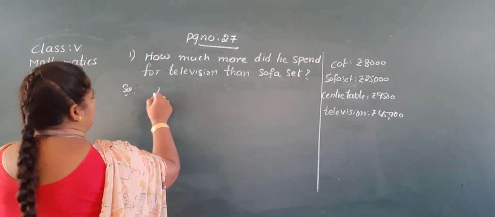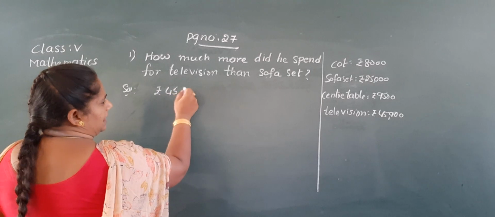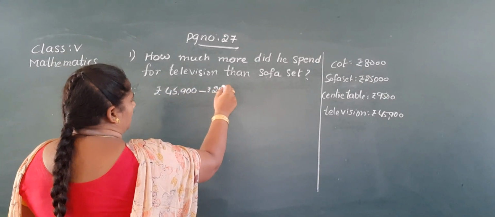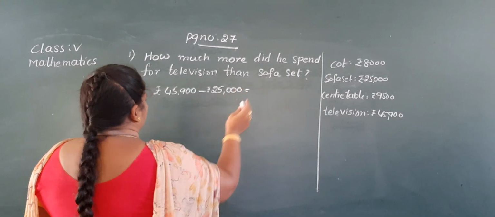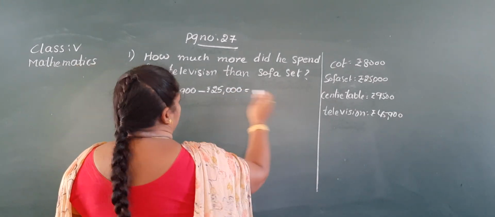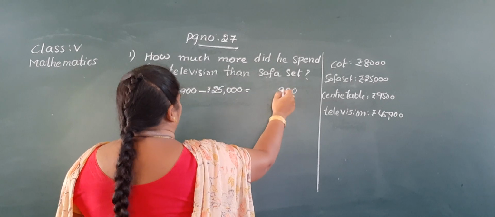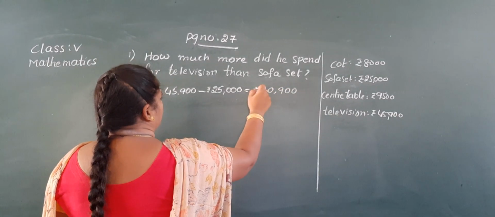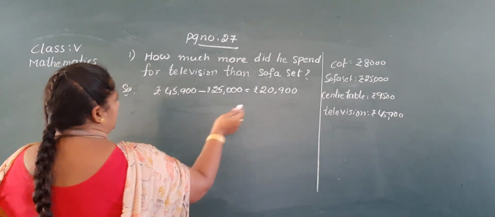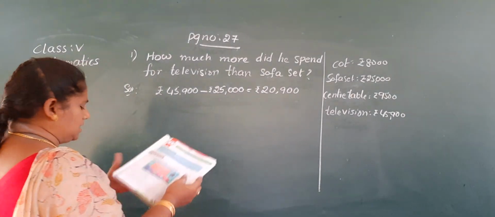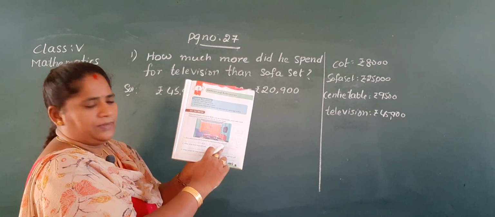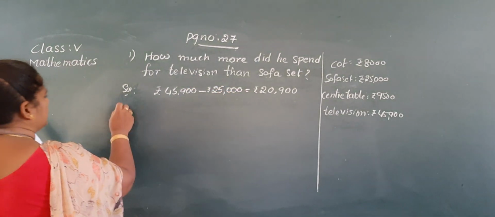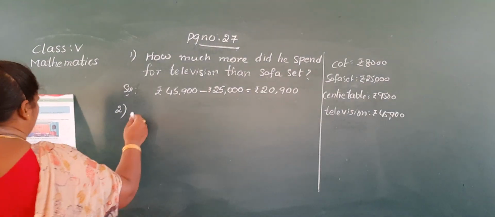Now you have to do the subtraction. 45,900 rupees minus 25,000. 0 minus 0, 0, 0, 9, 5 minus 5, 0, 4 minus 2, 2. So the answer is 20,900 rupees. You have a blank after every question where some space is given. In that space you have to write this one.